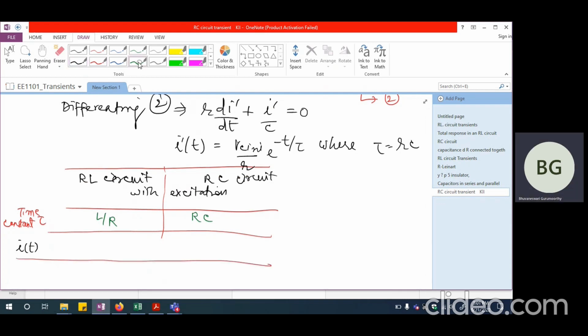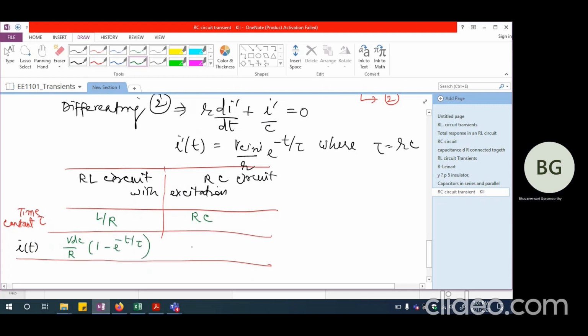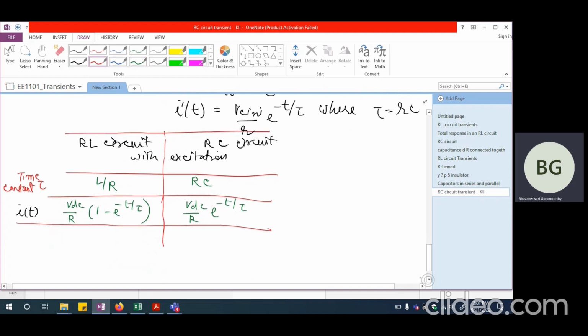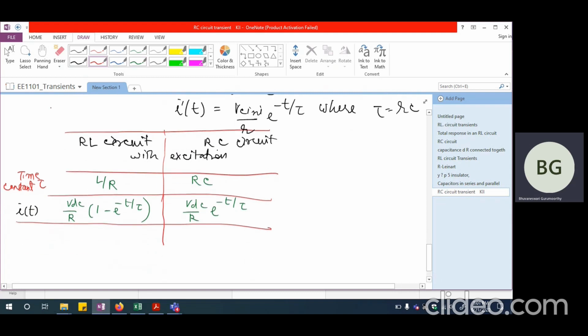I'm going to have in one case VDC divided by R multiplied by 1 minus e power minus t by tau. Whereas here it is going to be VDC divided by R multiplied by e power minus t by tau. So it decays completely to 0 at the end of the entire circuit reaching steady state.